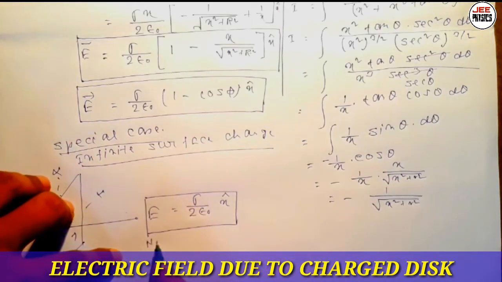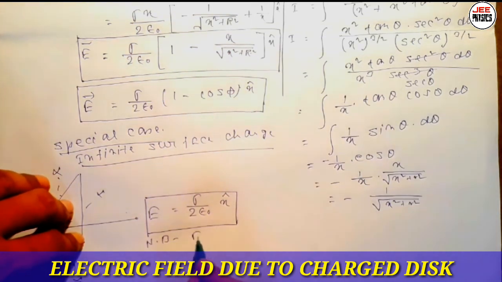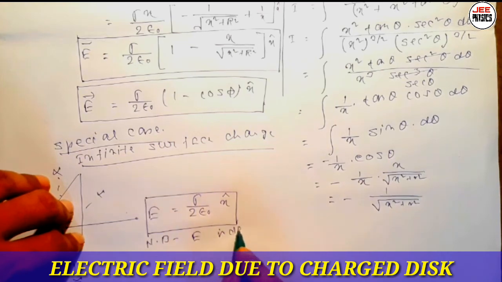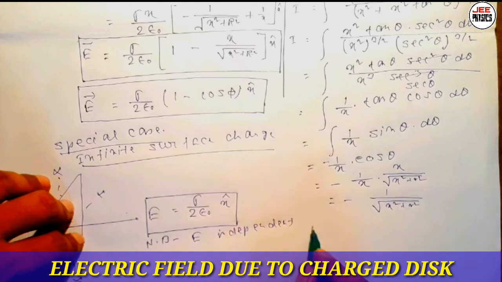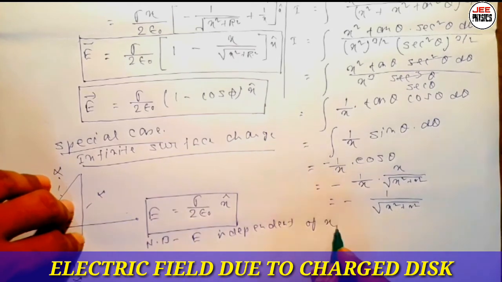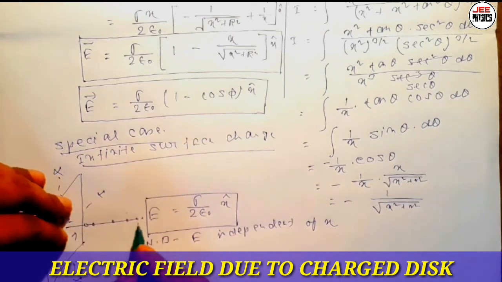A very important point to note here is that for an infinite surface charge density, the electric field E is independent of x. That is, if you find the electric field here or at any other point, it is independent.